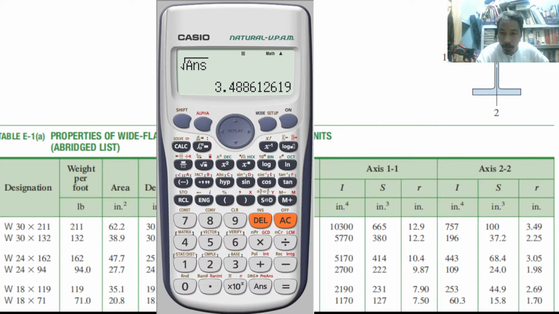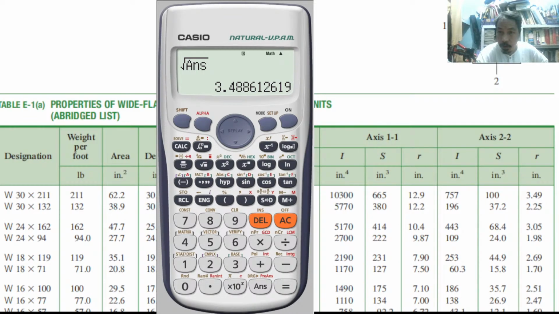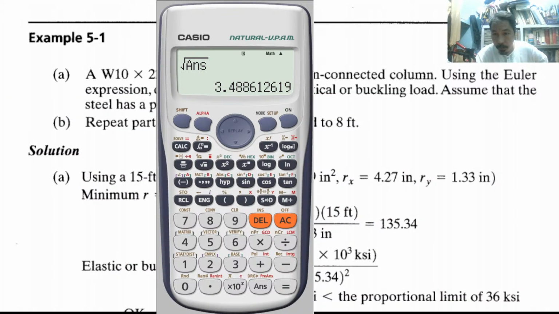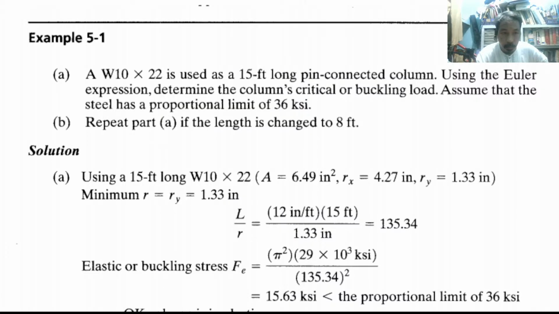I am showing you different ways so that you can check and recheck. Okay, let's go back to the example. So we have the minimum R. Which one is the minimum?